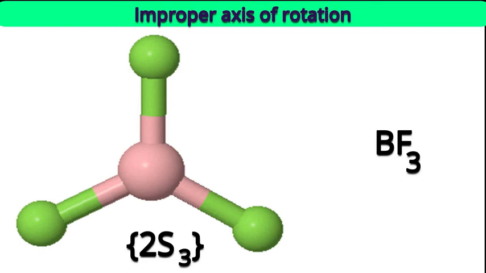Other than that, unique operations will be produced by S31 and S35. And for that, we need to consider this S3 as an improper axis of rotation. And two possible operations are there. So it is one example where you can find an improper axis of rotation. Unique operations you can get. Are you getting it? Let us see the next molecule.